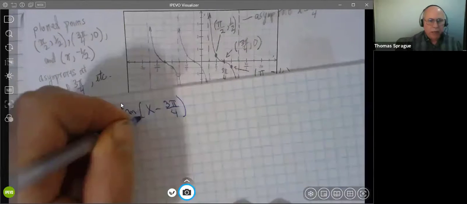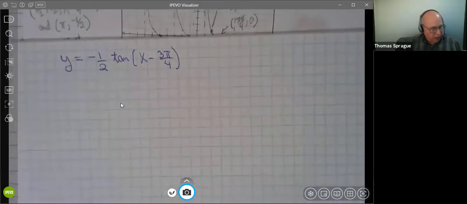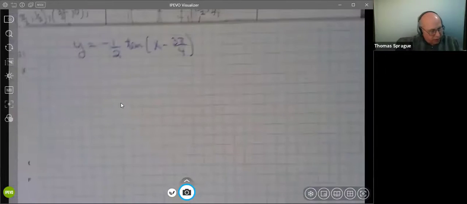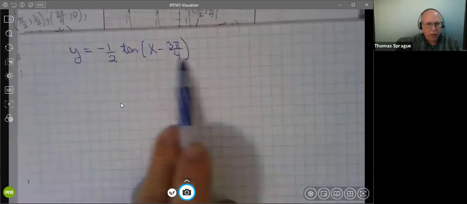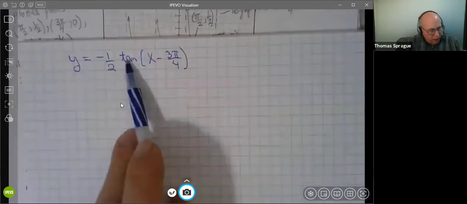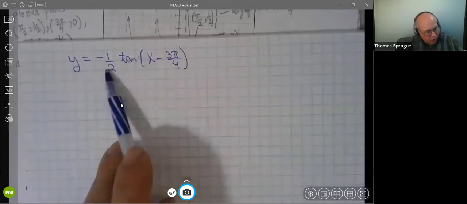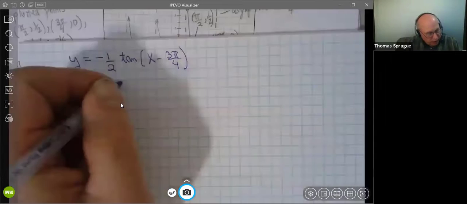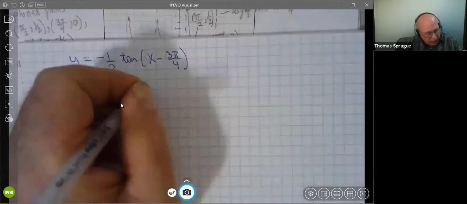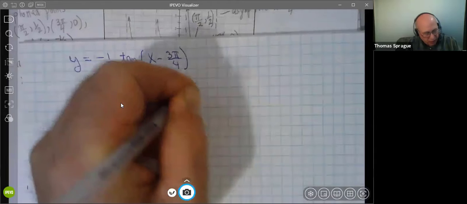All right, so let's see what we can say before we get into a bunch of detail here. If this were a sine or a cosine, you'd say that the amplitude is 1/2. But what I do know about this is the minus sign flips the graph top to bottom.